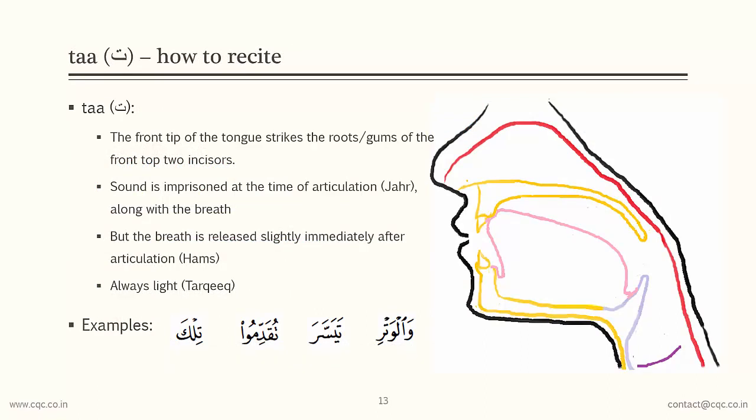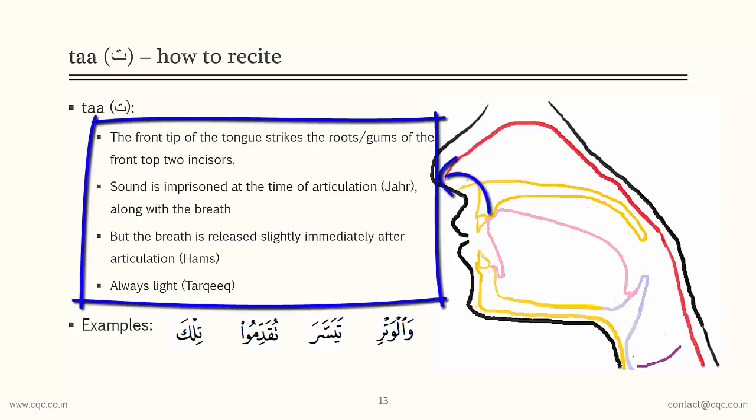Now, since this letter sounds so similar to the letter ta and also shares the same makhraj as ta, it is very important for us to recite them with all the characteristics so as to make them easily discernible to the listener. So for reciting ta, when the tip of the tongue touches the gums of the two upper incisors, it causes the sound and the breath both to be imprisoned.